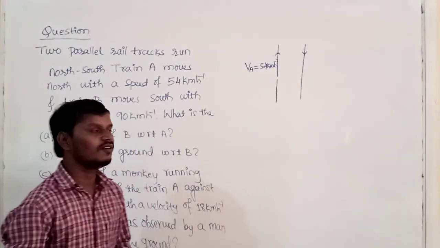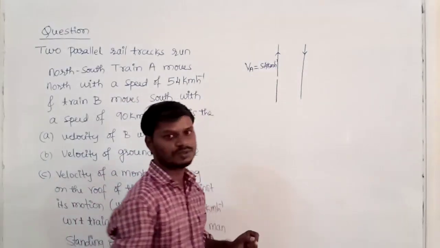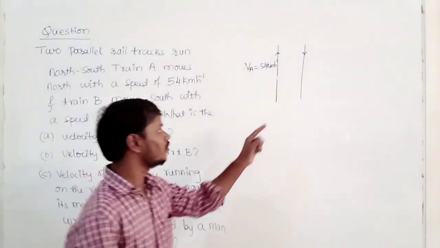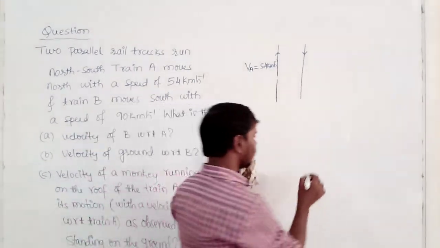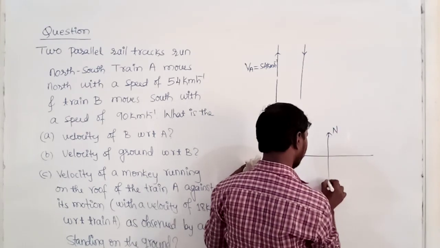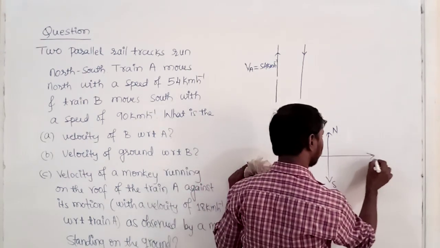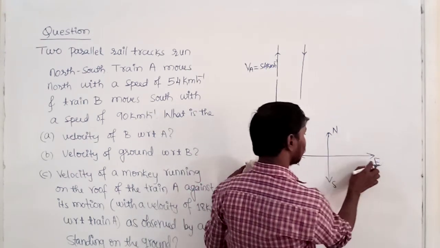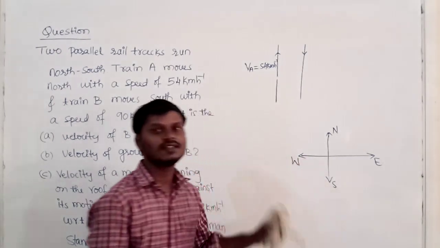That is why I will take it as plus. North means we take positive by the sign convention, south means negative. Already you know the directions: north, south, west and east. North and east are taken positive, and west and south are taken as negative.